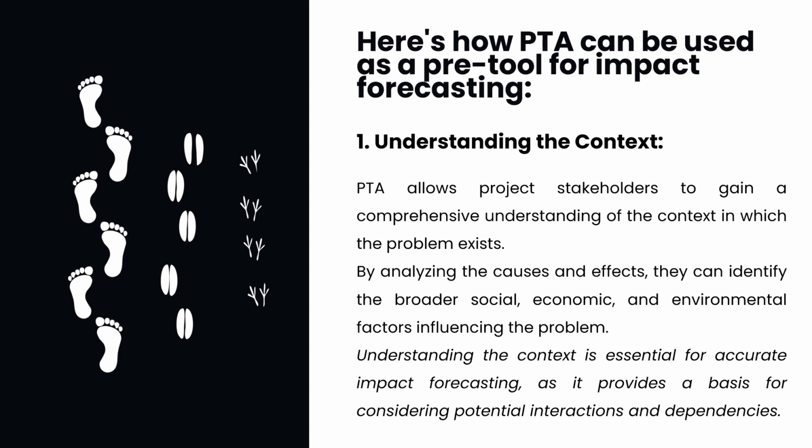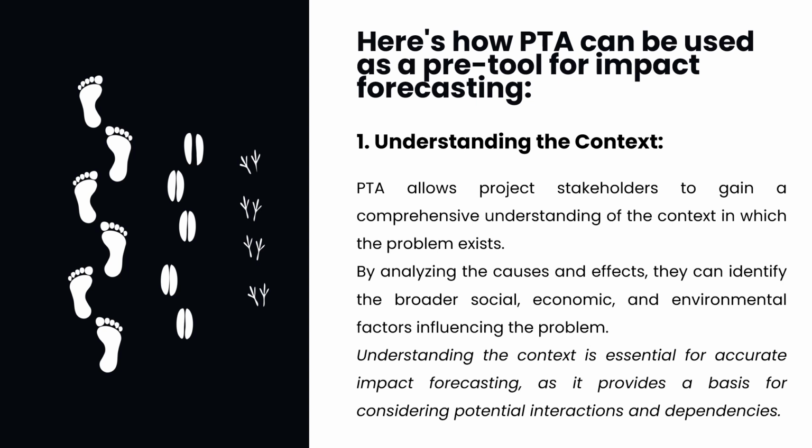So, there are some ideas on how to use PTA as a pre-tool for impact forecasting. First of all, it's very important to understand the context. PTA allows project stakeholders to gain a comprehensive understanding of the context in which the problem exists.